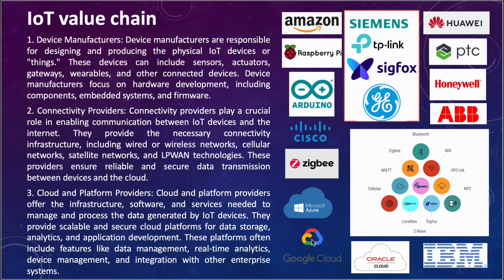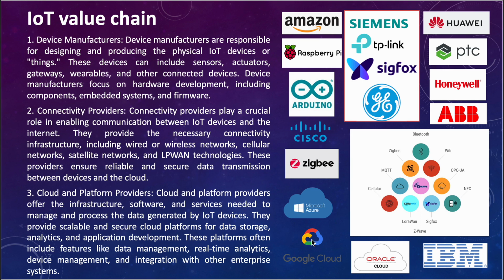But we will break down components and see what companies there are for each sector or each link of the value chain. What are the companies which concentrate more on each link of the value chain?